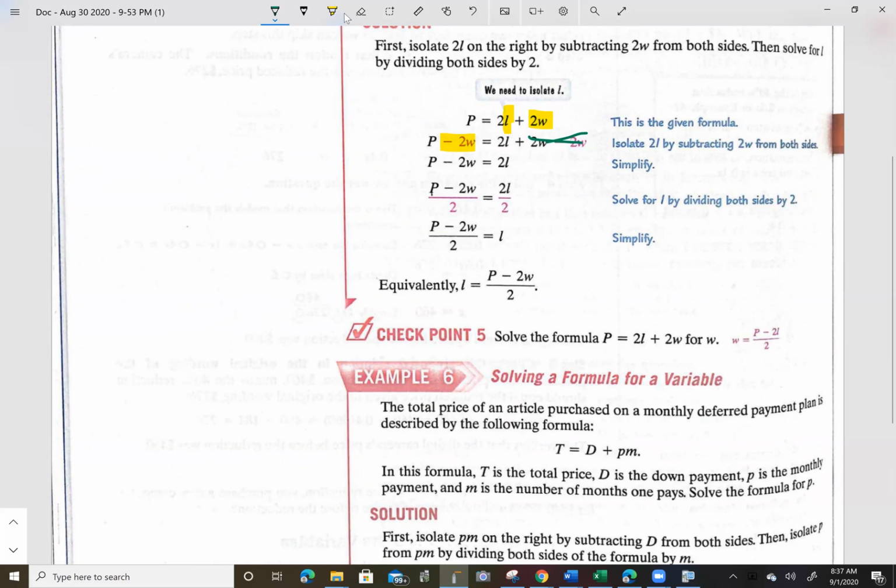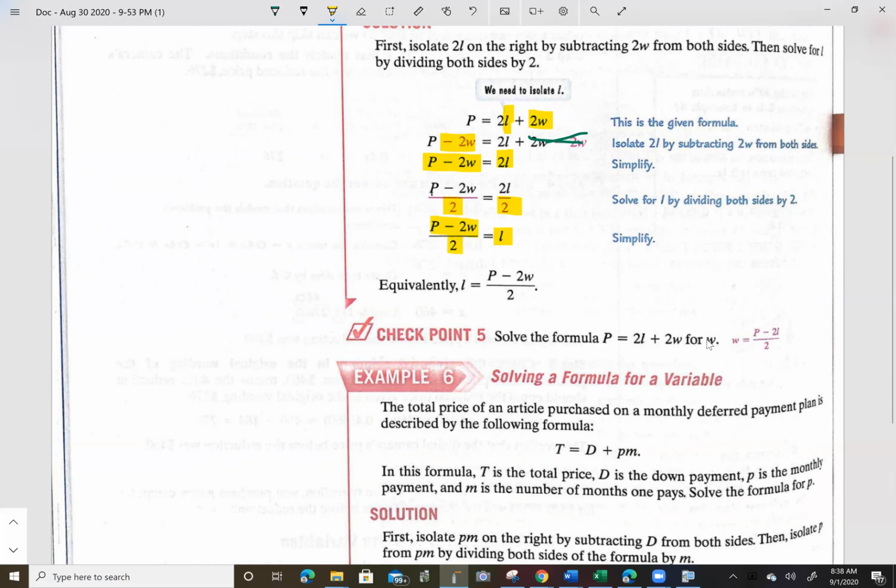Now on the other side you have P minus 2W, and on this side you just have 2L. Then we need to separate that 2. 2L means 2 times L, and the inverse operation is to divide by 2, so we divide both sides by 2. This is easier than using numbers because we don't even have to simplify. We're done at this point. After we divide by 2, L is just equal to P minus 2W divided by 2.